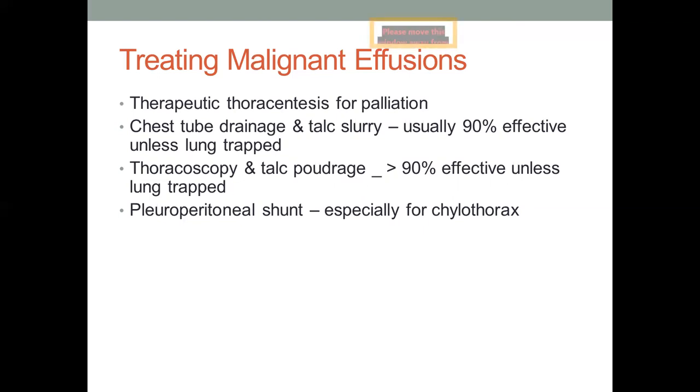This procedure is called pleurodesis. Sometimes a pleuroperitoneal shunt is made, especially for chylothorax.